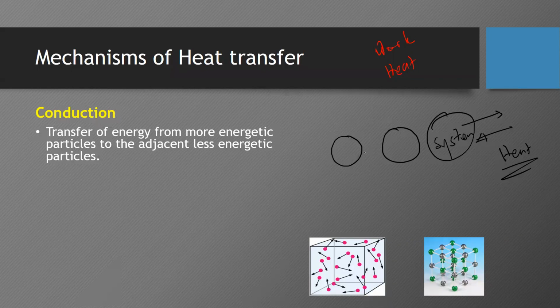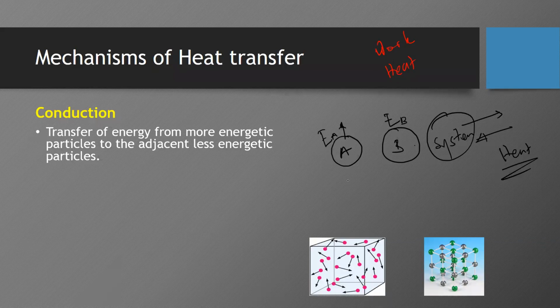So different molecules: this one is A and this one is B. It could be a molecule or particle or whatever, right? Let's say A is a more energetic particle. A's energy is higher than B's energy, EA, EB.